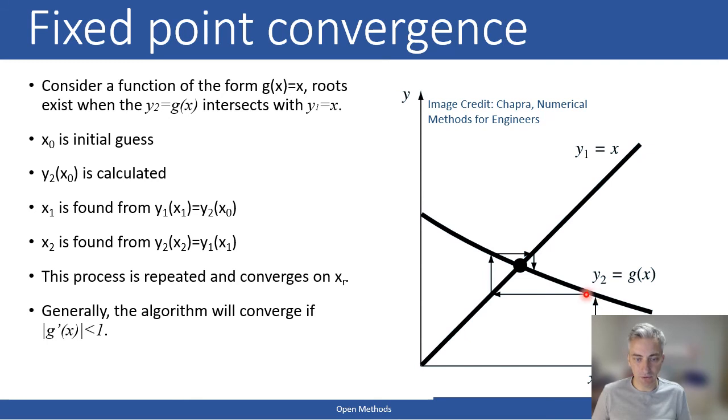And that gives us the new value of x, which we put into the new function. So the new value of x is read off from this point, and that goes back into g of x to calculate the g of x curve. And that gives us the new value of x that we should put in. And slowly, we converge on the root where these two points cross. So this is repeated over and over until we reach some particular accuracy.